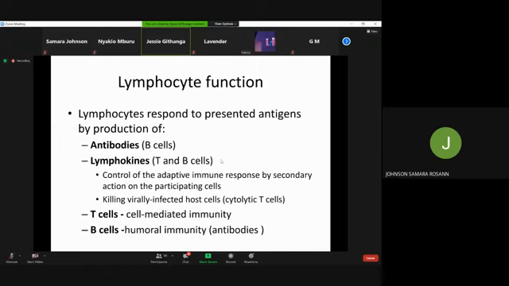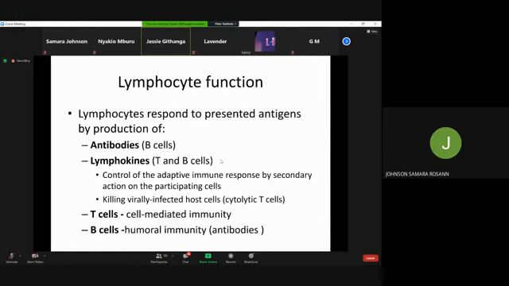In cell-mediated immunity, the T cells are the ones that are going to be killing the virally infected host cells. As we saw, the neutrophil is not going to be able to kill the viruses.